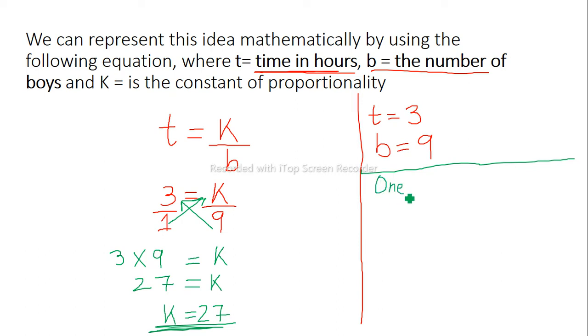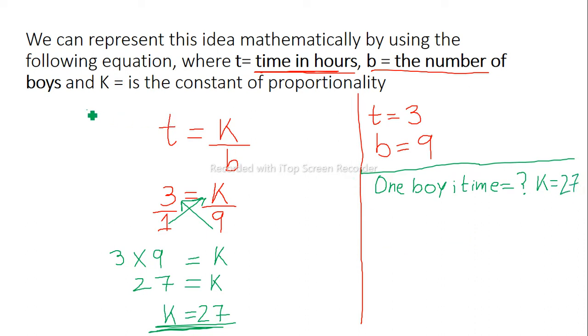If we only have one boy, what would the time be? We don't know. But we do know that K is equal to what? 27. Good.